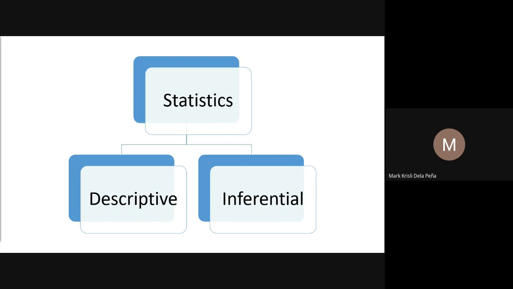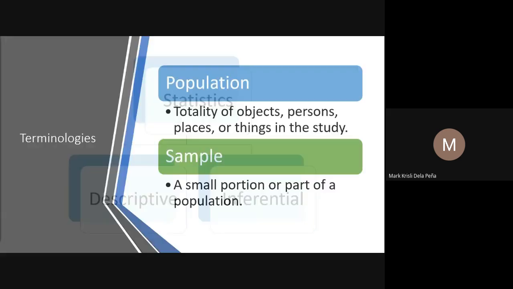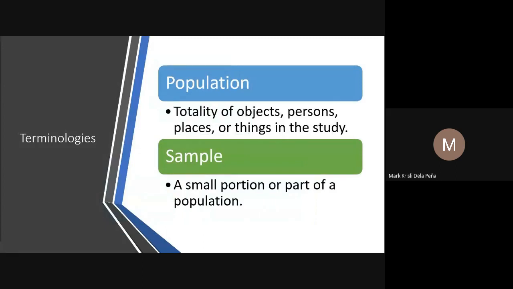So we can use inferential statistics for that type of research or study. Then we generalize, we create conclusions based on those. These are the two main branches of statistics: descriptive and inferential statistics.